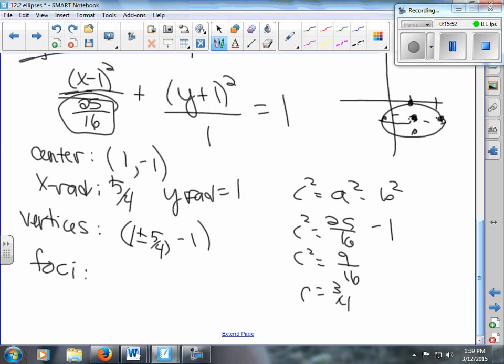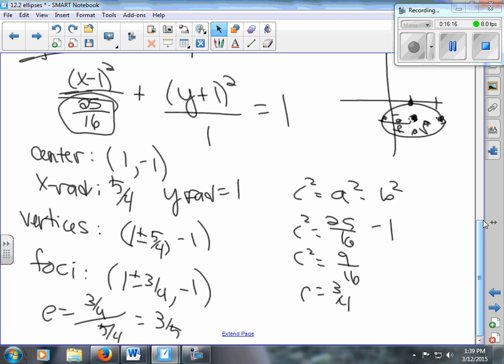So once I know c is 3/4, then I know the foci are 1 plus or minus 3/4, -1, because they're also along this major axis or semi-major axis. And finally, what's the eccentricity? That would be c divided by the bigger one. So 3/4 divided by 5/4, or 3/5. And I think that's all that this question asks.